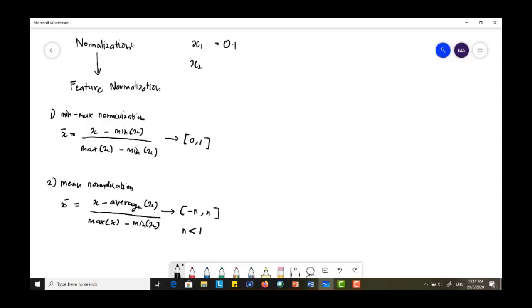Then you have another set of numbers: 0.2, and this one is maybe 15, and this one is 0.8, and this one might be 80.